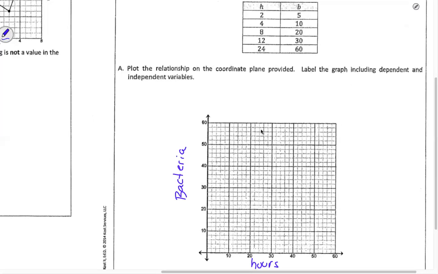See how they're counting by 10? So 2, 4, 6, 8, 10. They're counting by twos. So 2 and then 5. Where is 5?